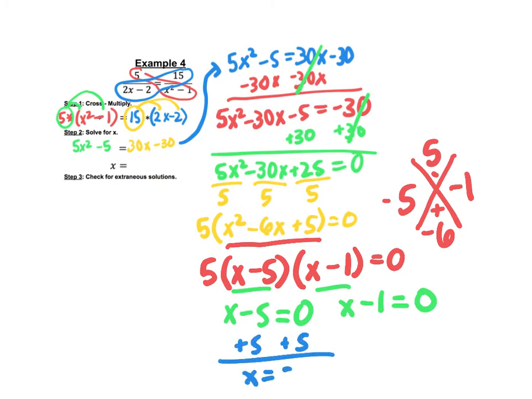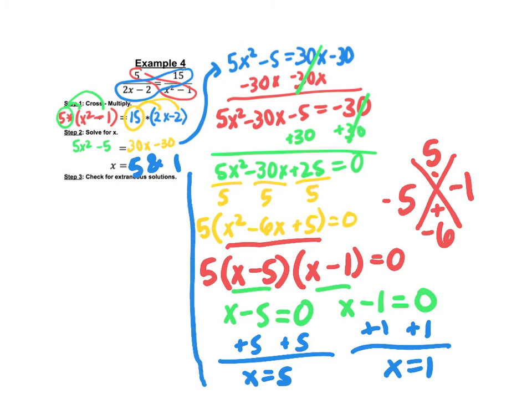We get x equals 5. My second one, we'll add 1 to both sides, and we'll get x equals 1. So at this point, you could do x equals 5 and 1 back up here. And then we have to check to see if our answers are extraneous. Again, remember that means I'm plugging in my answers and I'm seeing if they work in my original equation.